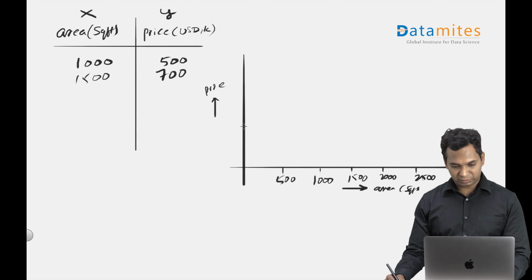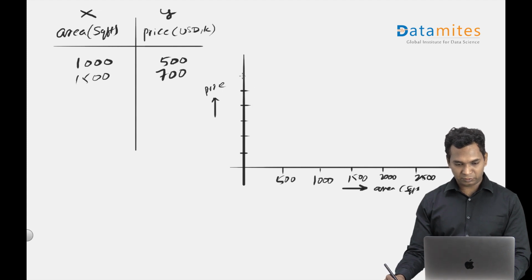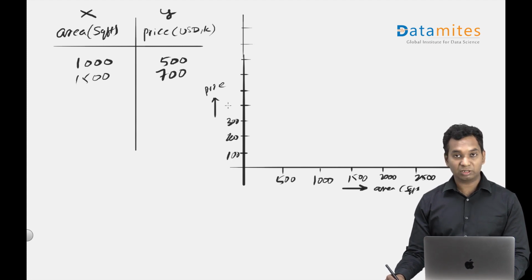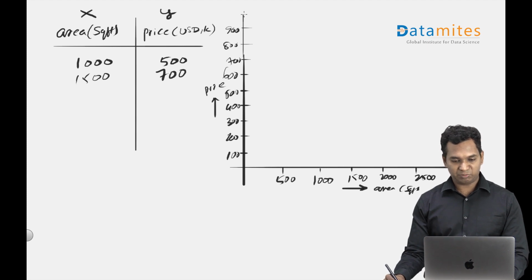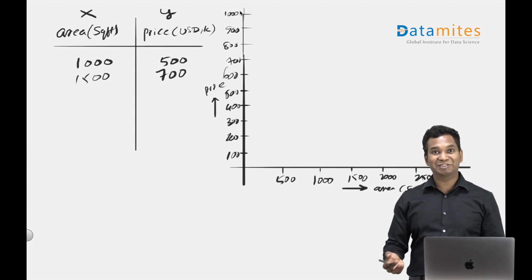Let me take 1, 2, 3, 4, 5, 6, 7, 8, 9, for example. So this is 100, 200, 300 US dollars in $1,000, 400, 500, 600, 700. So those are the numbers we have taken. And this is a million.